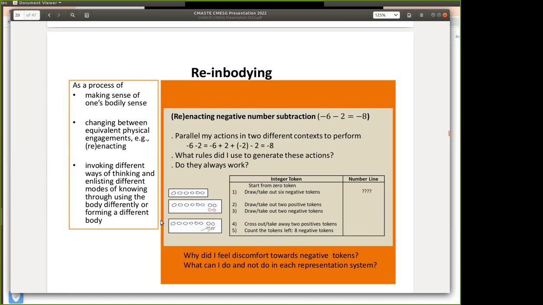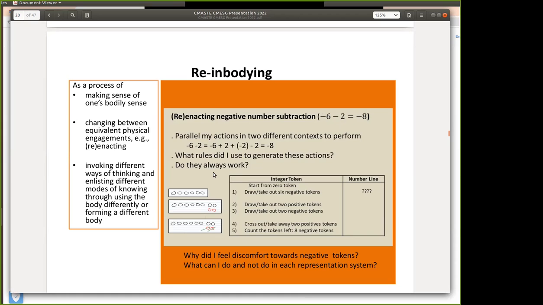The last part of the action is that she crossed them out, representing that she took those 2 negative and positive tokens away, and then she counted what's left. So now you have 8 negative tokens left, and that's how the answer was derived.